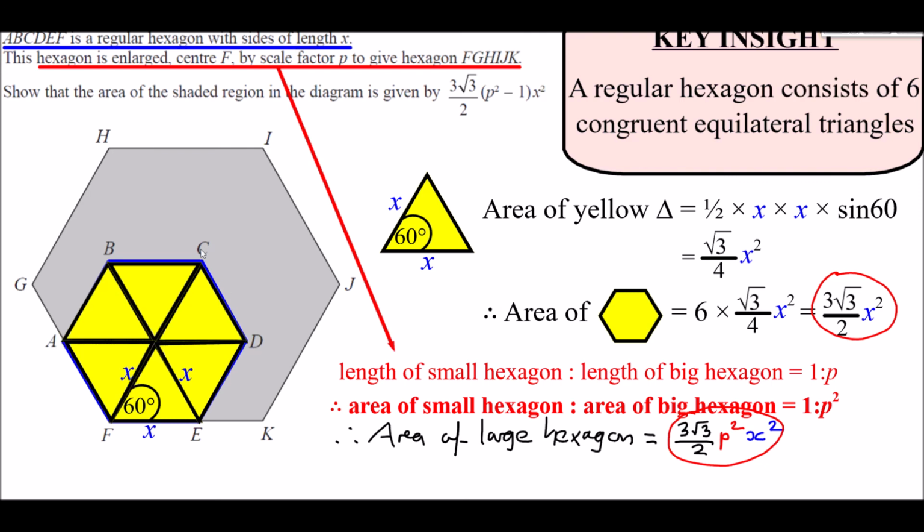So what we can do now, we can consider the shaded area as just being the big hexagon take away the small one. So therefore now, shaded area, that's just going to be the area of the big hexagon, which I'm terrible at drawing a hexagon. The big one is FGHIJK, minus the area of the smaller hexagon, which is ABCDEF.